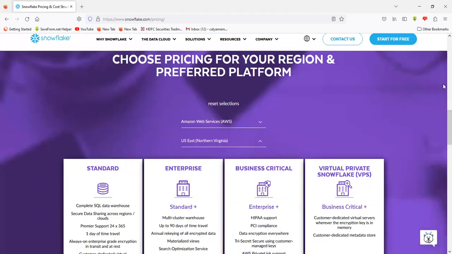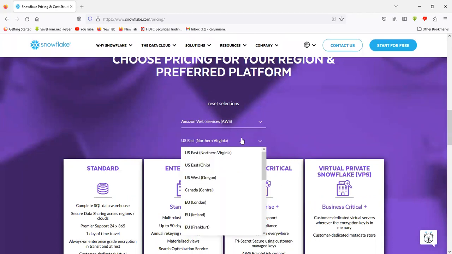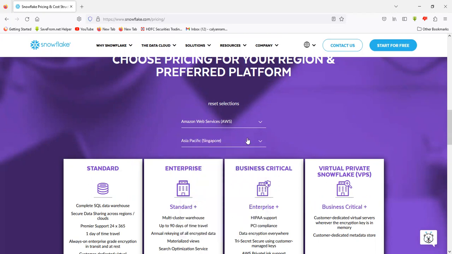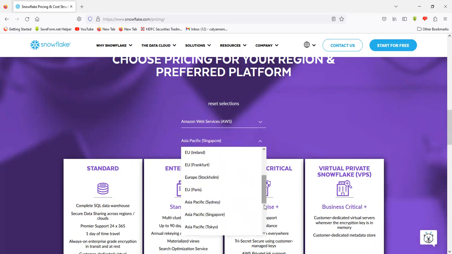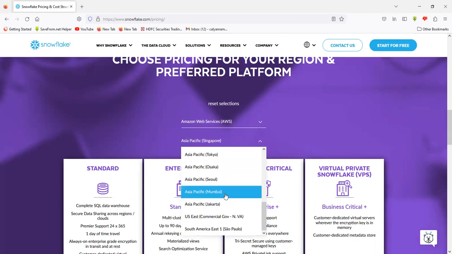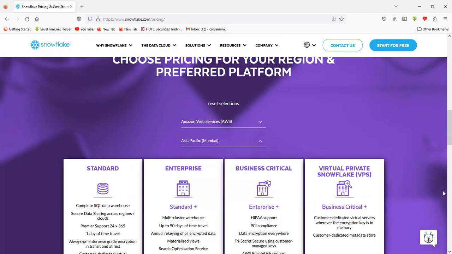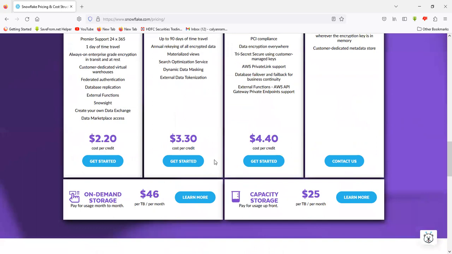But if you choose some other region, for example Asia Pacific, Mumbai in India, now it is $46. It's slightly more; for the US it is 40.